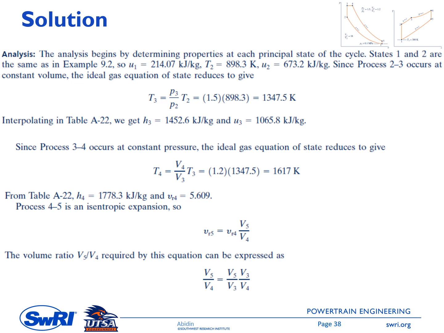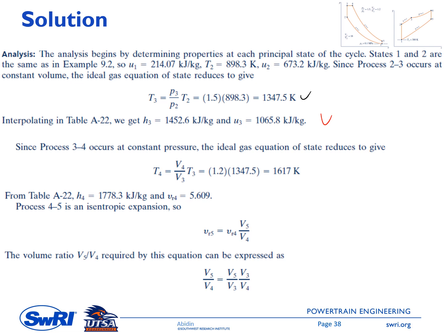Like in the previous two examples, we need to specify the properties at each point. So points 1 and 2, same thing. You use the same method as in the previous two examples. You will get U1, U2, and then T3, and doing interpolation, you will get H3.